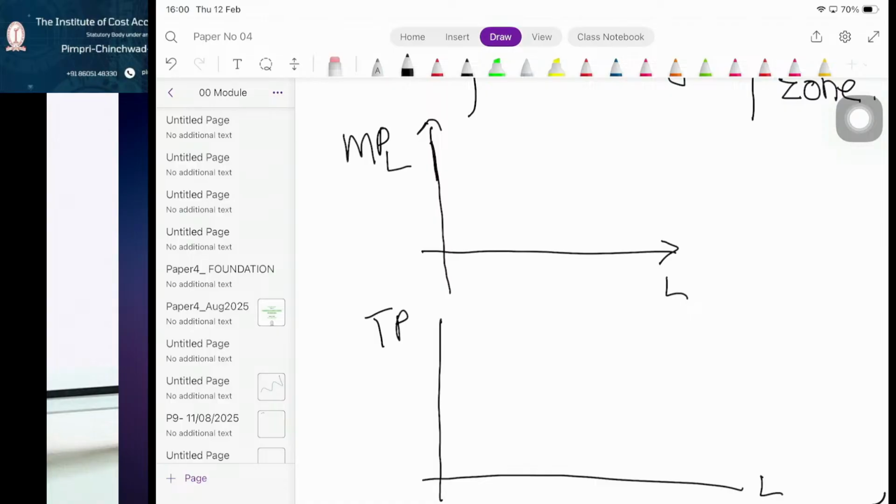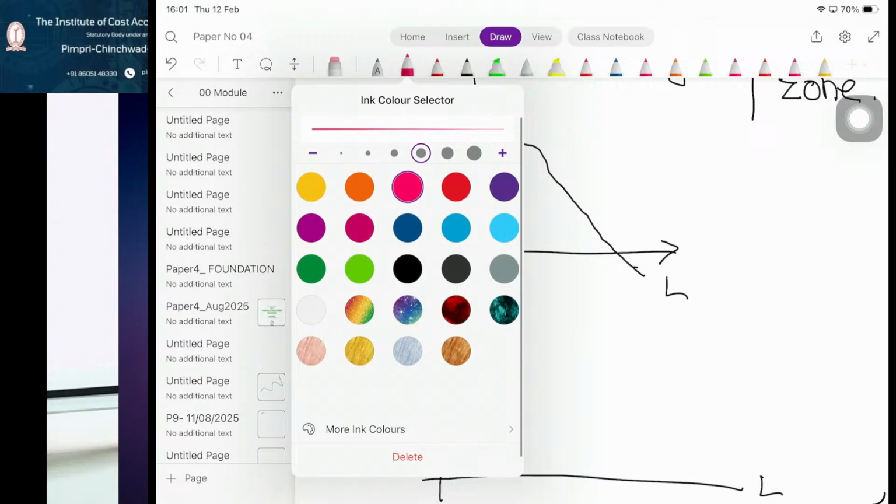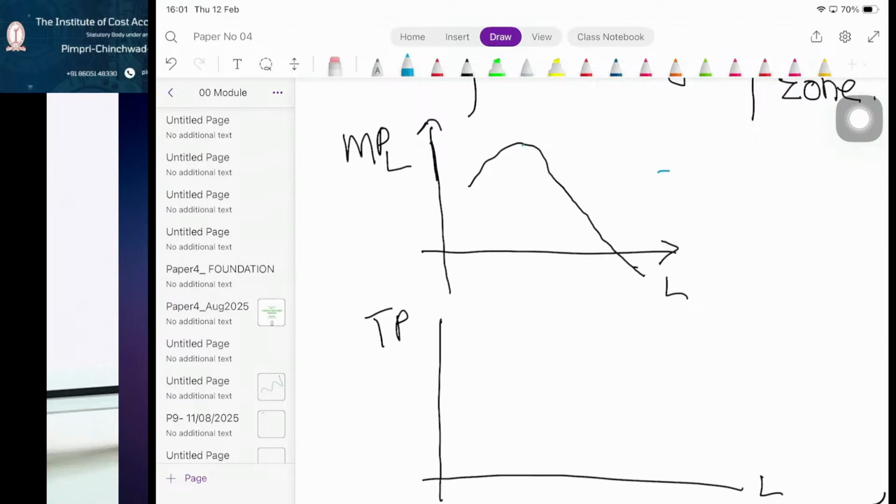Okay, so once you do this, draw in a very specific way like I am drawing. Suppose marginal product is going up initially and it is falling and becoming negative. I am calling this region, where marginal product is at its maximum, stage 1, or sometimes it is also called the zone of increasing returns.